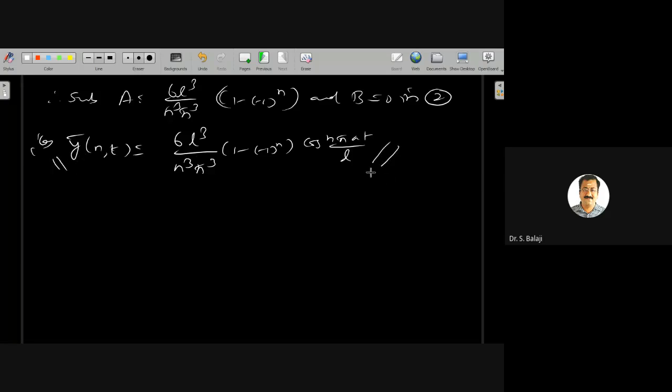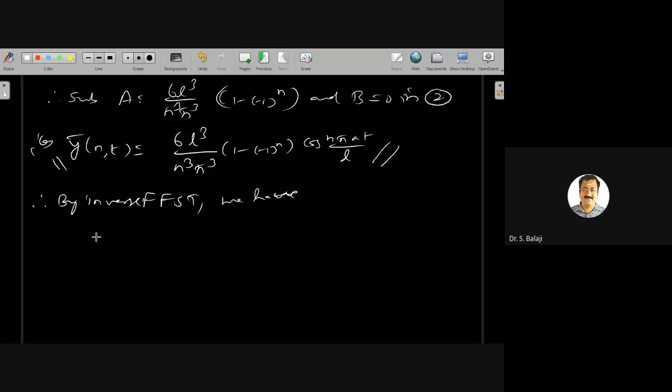Now take the inverse finite Fourier sine transform.